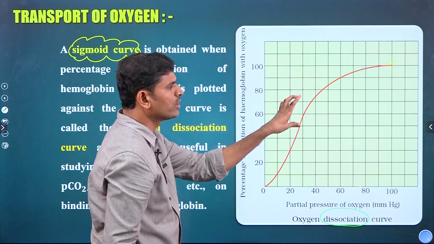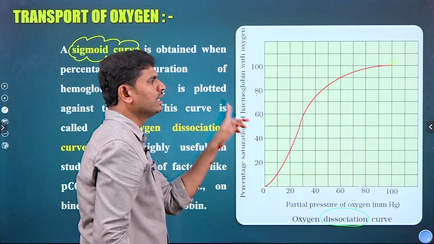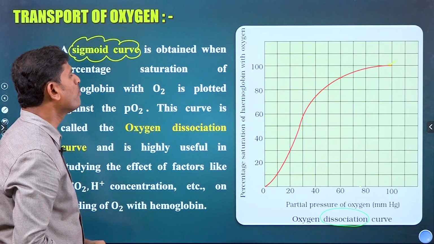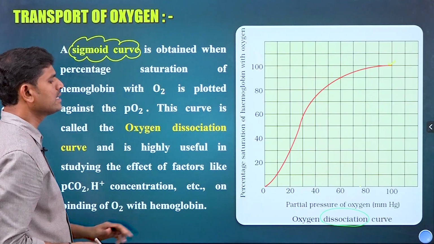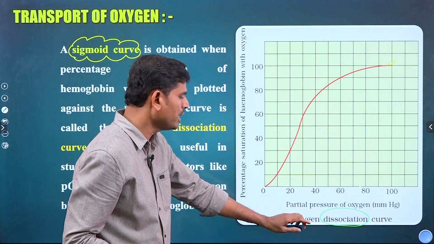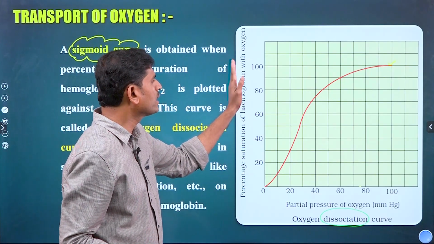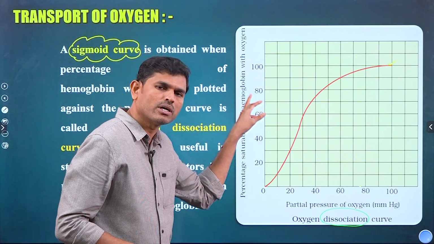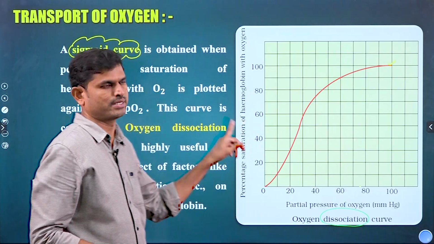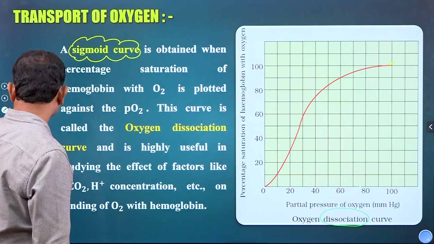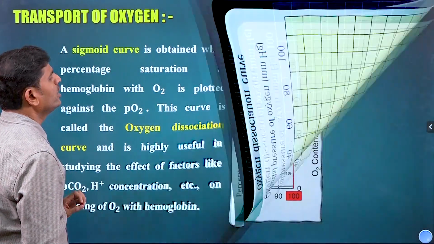So finally it gives a roughly S shape. That's why this is called a sigmoid curve. इधर हम x-axis में partial pressure of oxygen and y-axis में लेते percentage of saturation of hemoglobin. Now we are going to see that in another slide in detail.